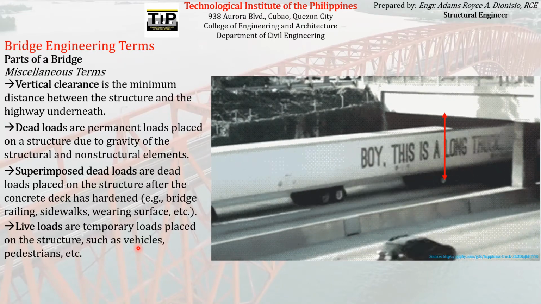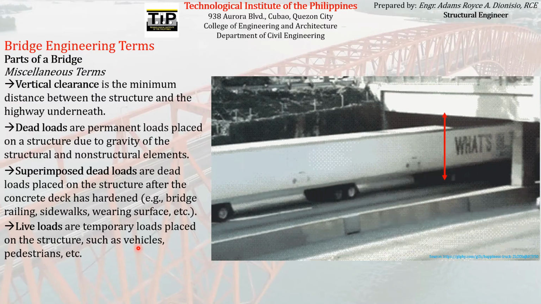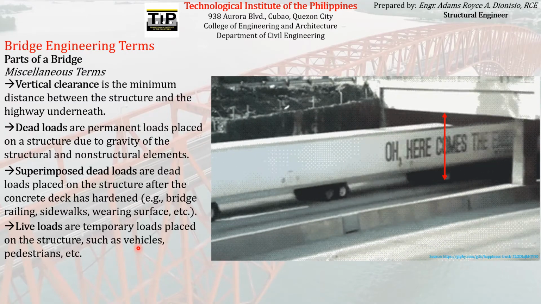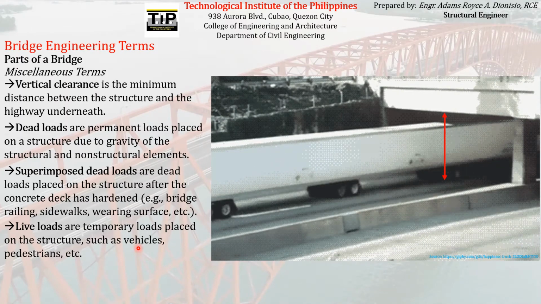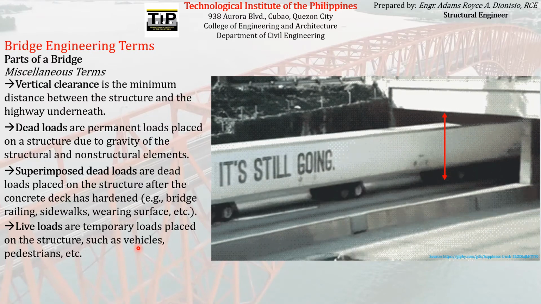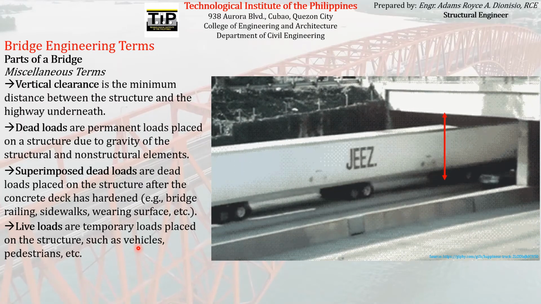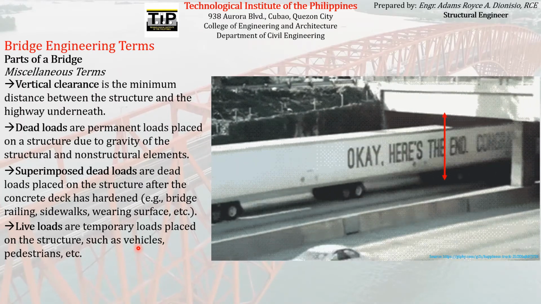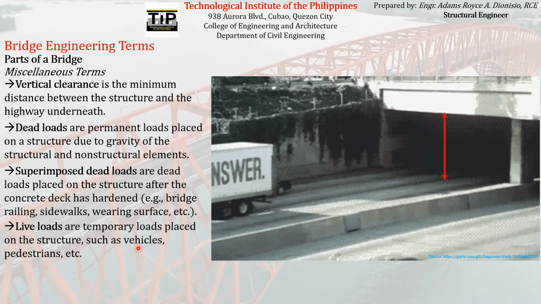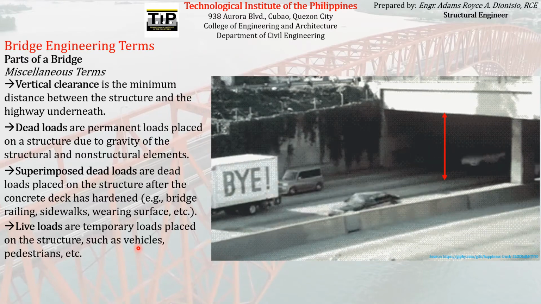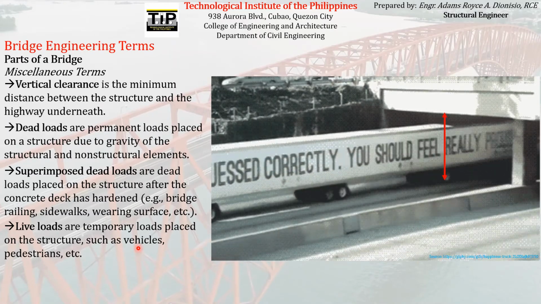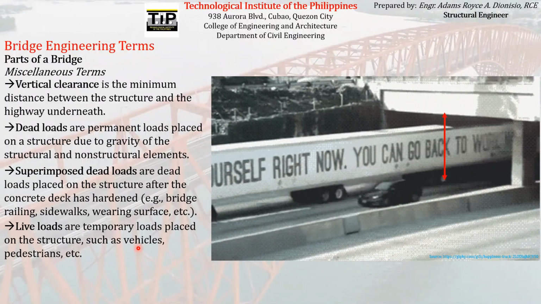Therefore, they can be considered as live loads because, as we defined a while ago, live loads are loads being carried by our structure that have no permanent position. These live loads are those loads carried by our bridge that have no permanent position or no permanent magnitude.